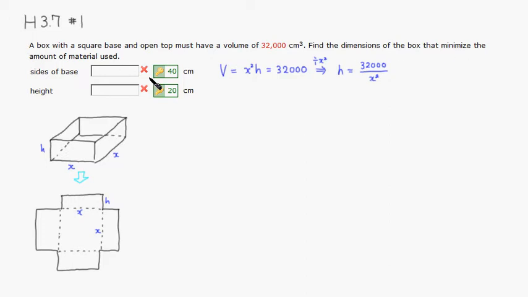Then we have to find the area of the material. So A, the area, is going to be, the base is x by x, so x squared. And you have 4 identical walls, so it's going to be 4 times xh.